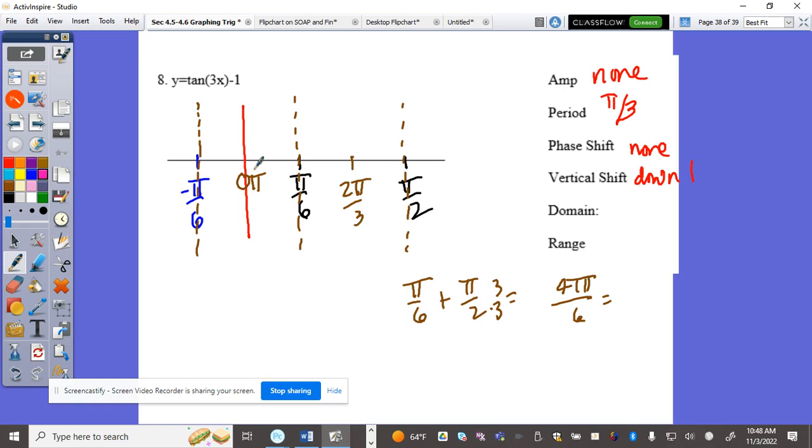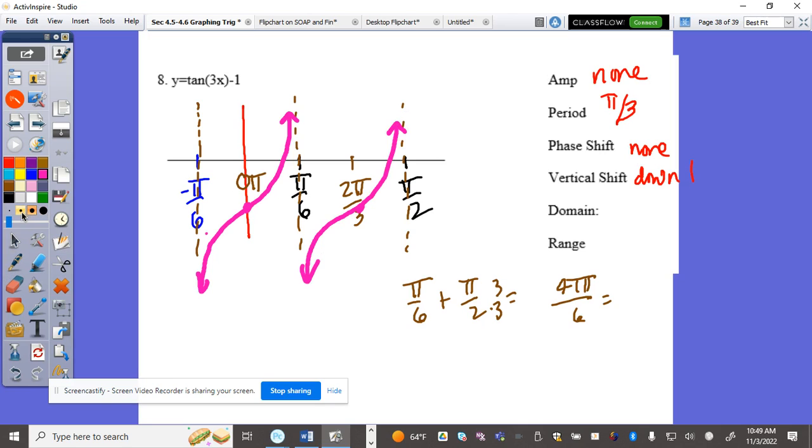So you know since it's tangent, it will hit those points. But you have a minus 1. That means you're going to shift down by 1. So this is the point now. That's a point. So the graph will be getting closer to the asymptote. Cross that one. Boom. Boom. All right.